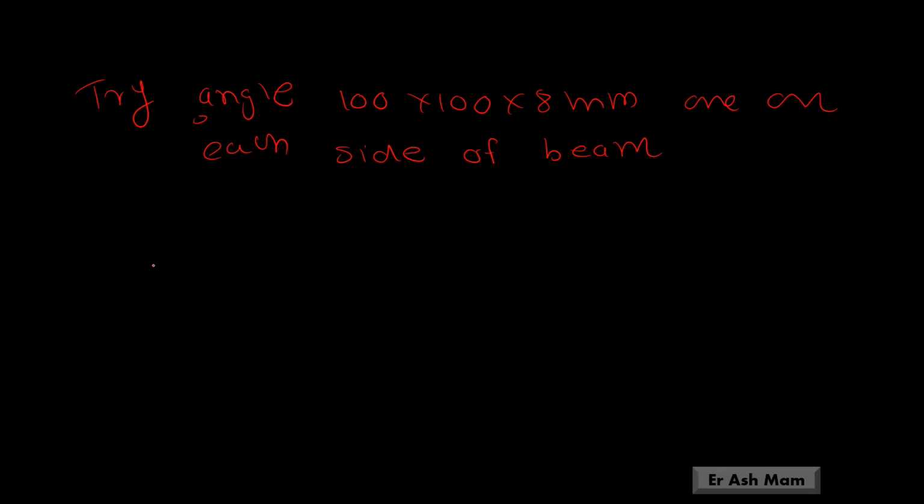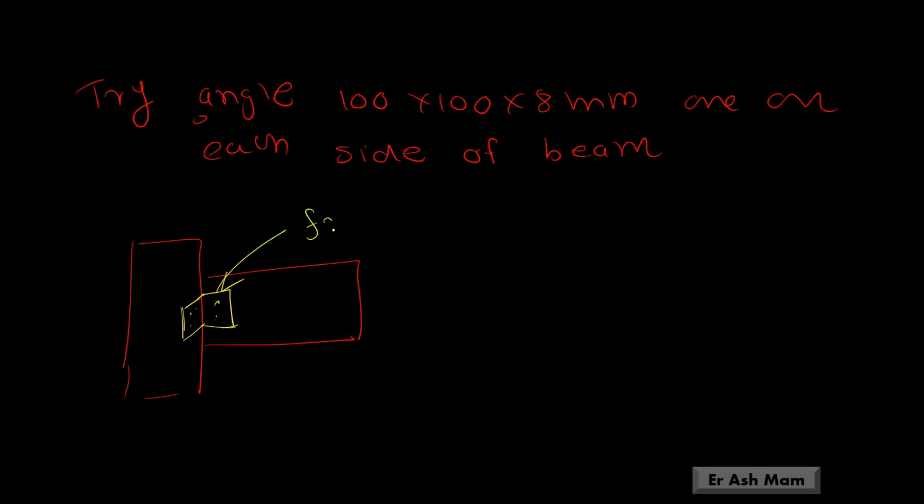You know that if it is column and if it is beam, then with the help of frame angle, you can connect this beam to column. Okay. So assume size of this frame angle equals 100 into 100 into 8.